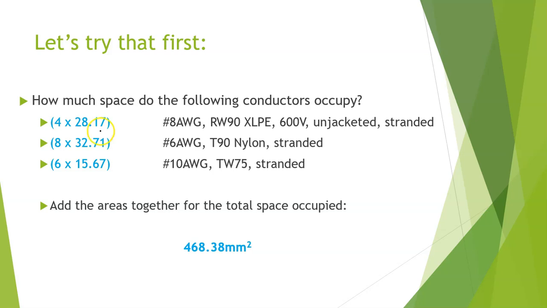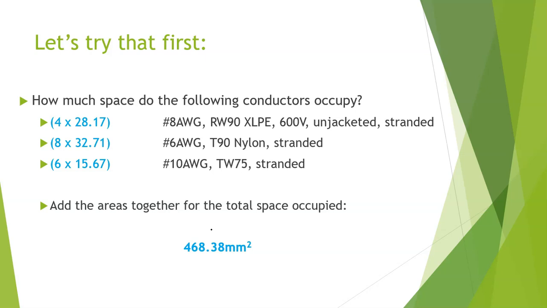So, having located the individual cross-sectional area of your different wire types, and then having multiplied it by the number of that type of wire that you have, which in our case was 4 of the RW90s, 8 of the T90s, and then 6 of the TW75s, making sure to use brackets here, all you have to do then is just add those areas together.